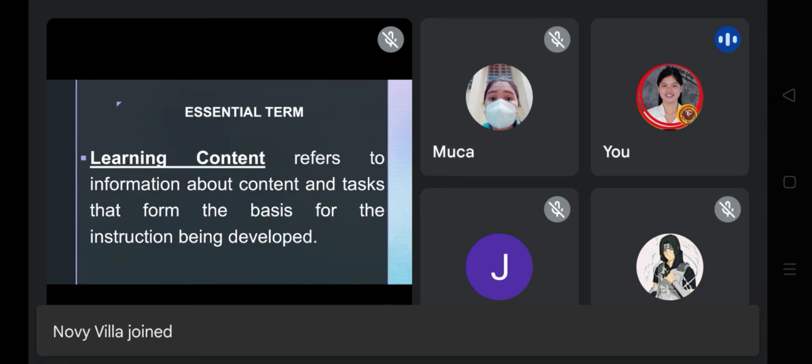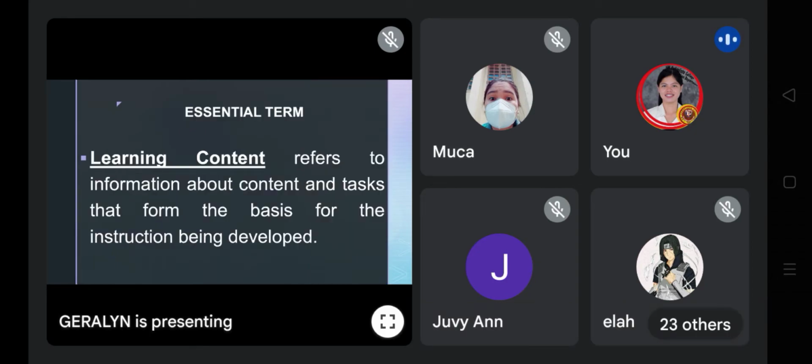So this is the only essential term that you are supposed to remember as we go along with the discussion. We have the term learning content. When we talk about learning content, it refers to information about content and tasks that form the basis for the instruction being developed.